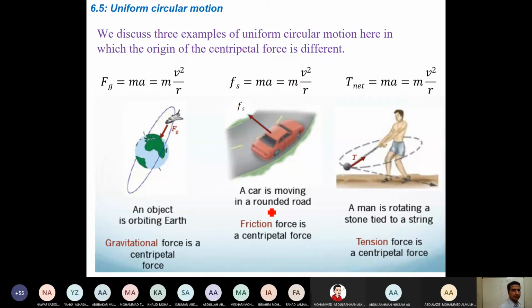Now, in the third case, exactly like the case we observed in the previous diagram, there is a guy again holding this ball, and he's rotating around himself. So he's moving the ball in a circle, okay? In this case, the connection between the ball and the person is via this string, since the string is attached and the guy is holding the string.